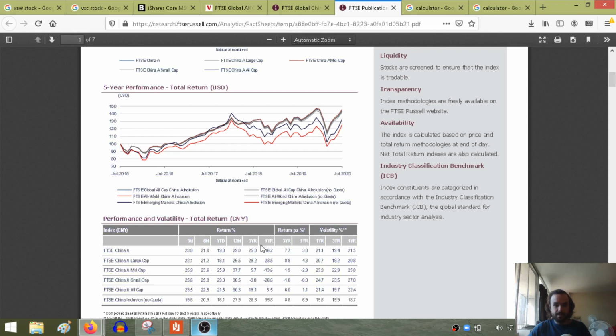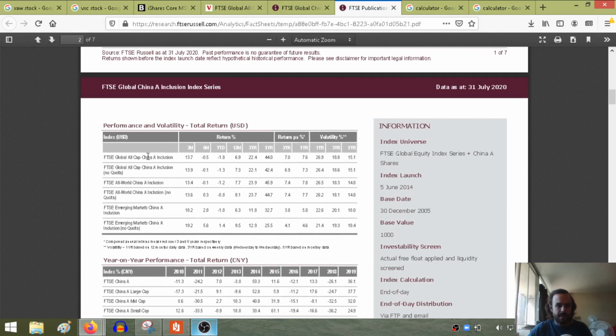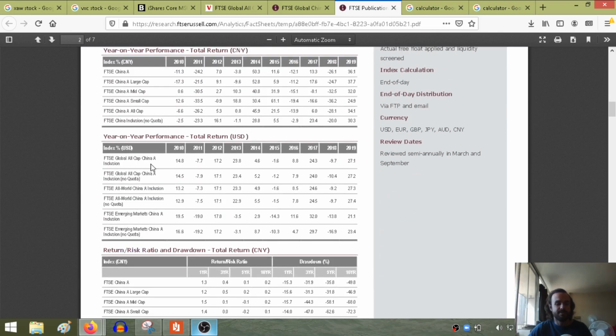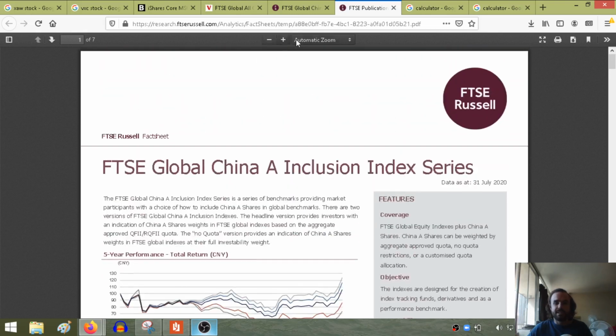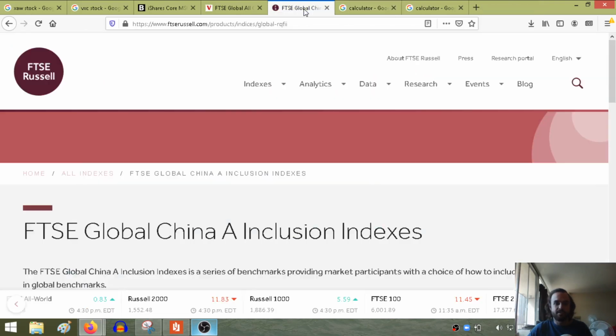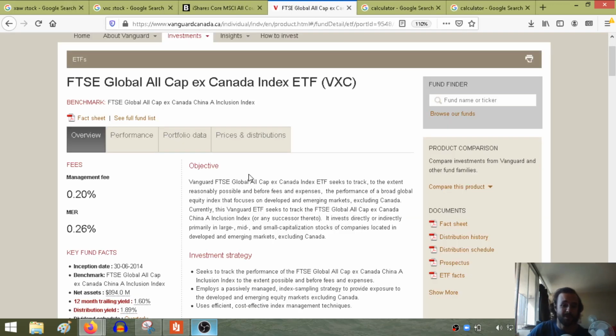So the 5-year return has been quite good, actually, on this ETF. I hope that is the same one. But no, I think we're looking at this one. Oh, sorry, my mistake. They're looking at different ratios, price volatilities. Basically, we'll get a lot of this information. Let's just focus on the ETF. But this is the index that it tracks. My apologies for that detour.